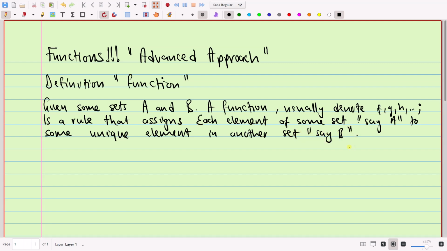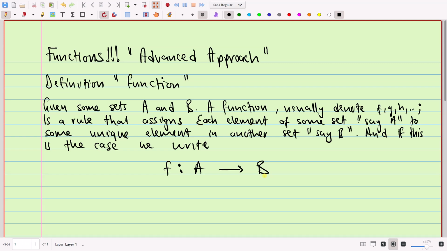Let's say this set is B. And if this is the case, we write f is a function which maps A to B.